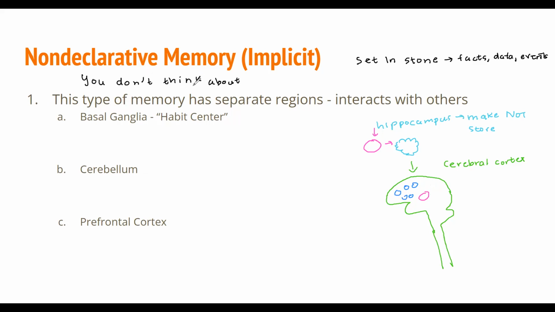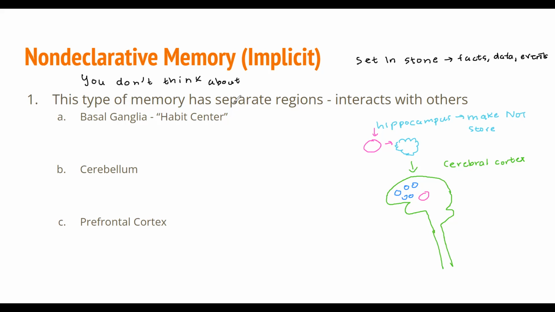But non-declarative memory is special in the sense that you learn it differently. Non-declarative memory is the type of memory which you don't have to think about. You just do it. I think in the memory lesson I went over something called motor learning, where it just becomes natural for you. Examples are riding a bike and touch typing.